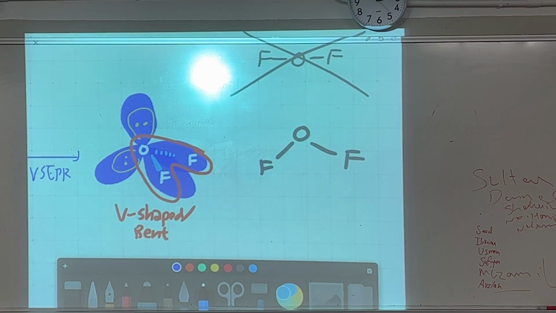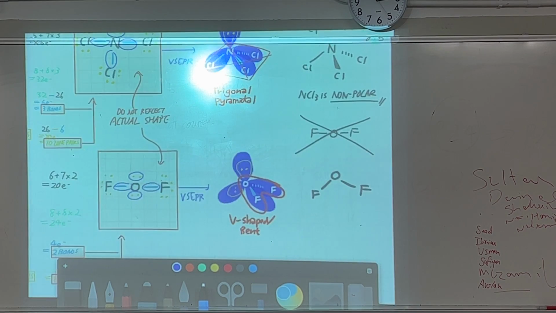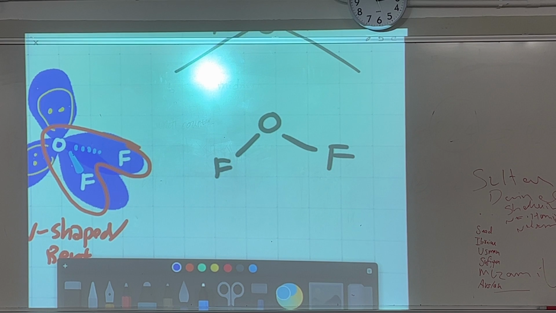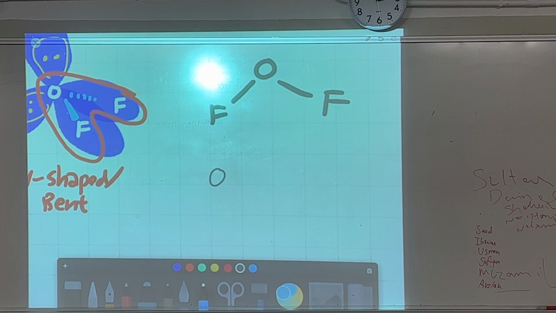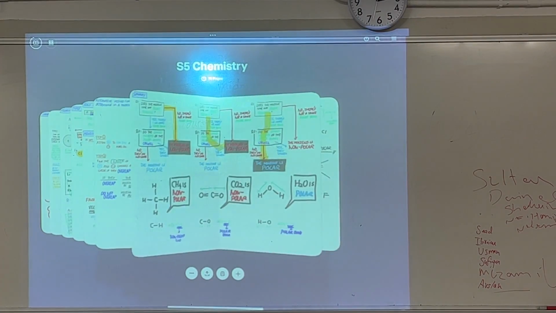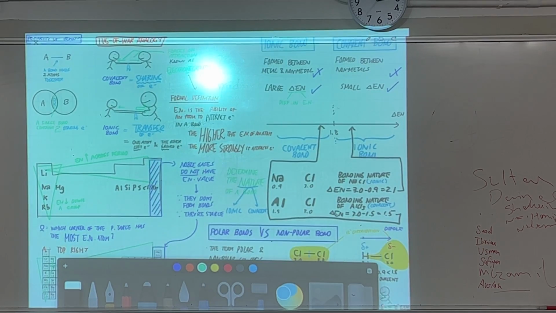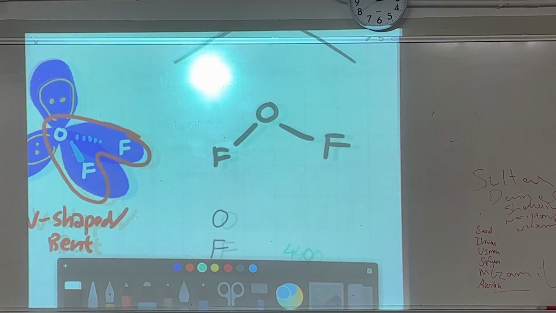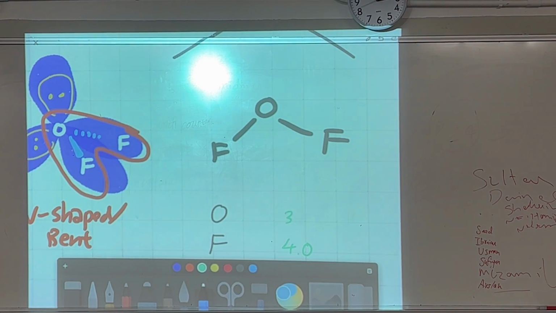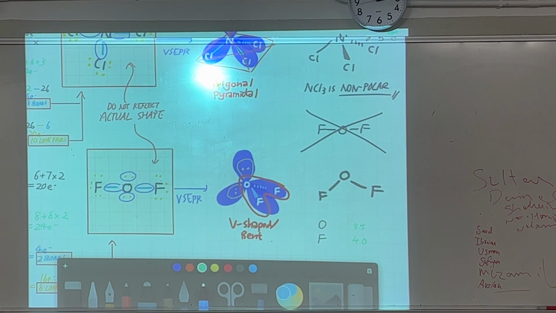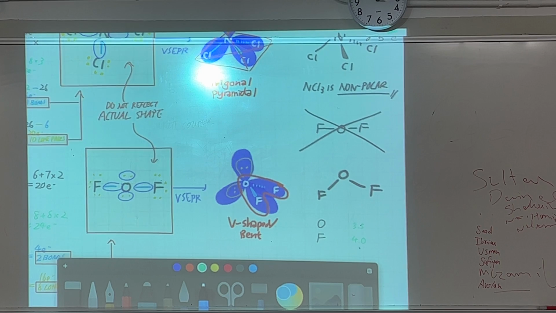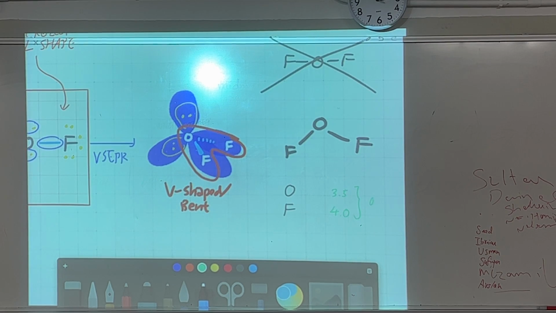Now look at the electronegativity and answer the question. F is 4.0. What is the electronegativity of O? It's 3.5. So if O is 3.5 and F is 4.0, is this one polar? Yes, it's polar because the difference is larger than 0.4.